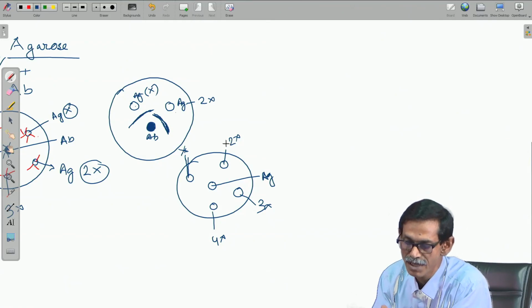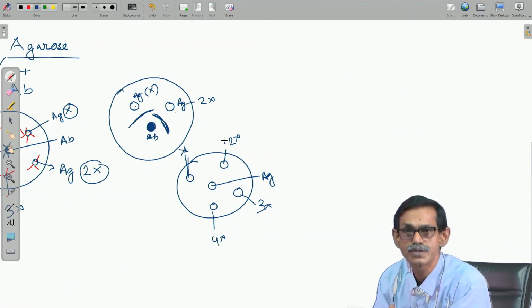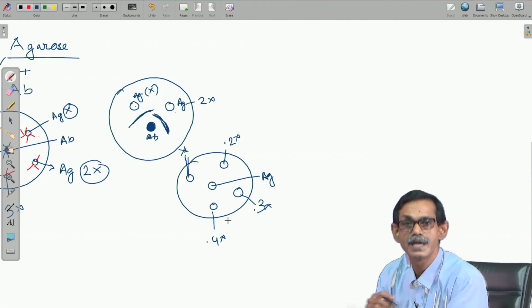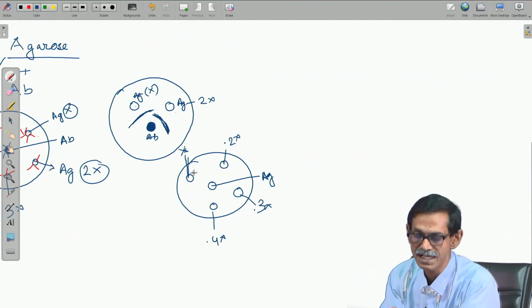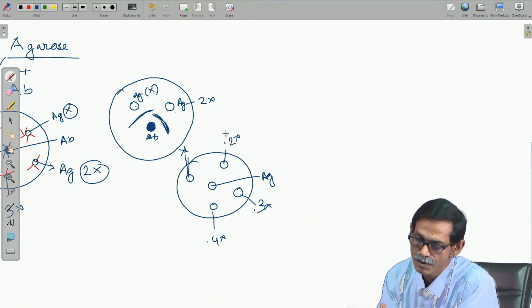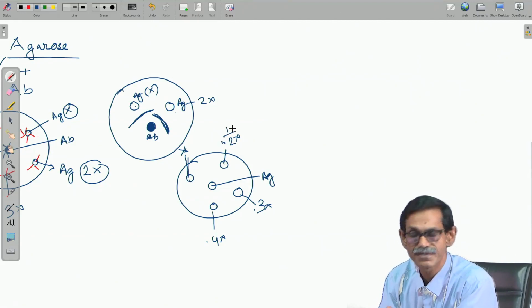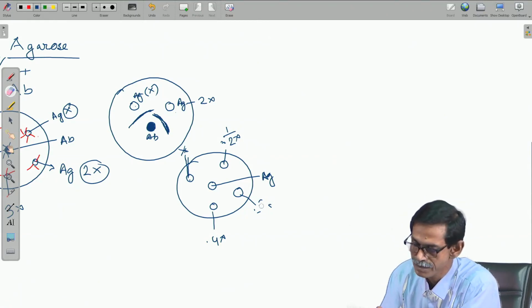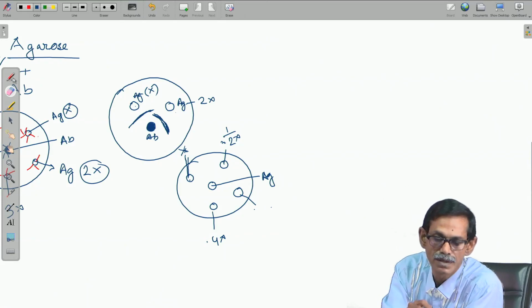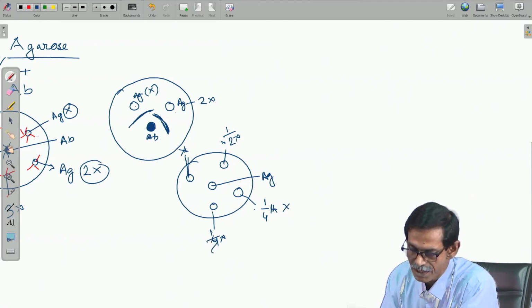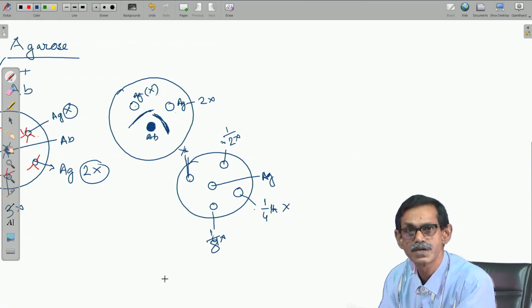Then you dilute it: 1 is directly the serum, then you take half, then 1/4 x, then 1/8 x. What will happen?